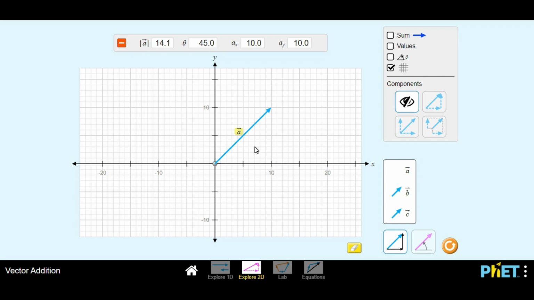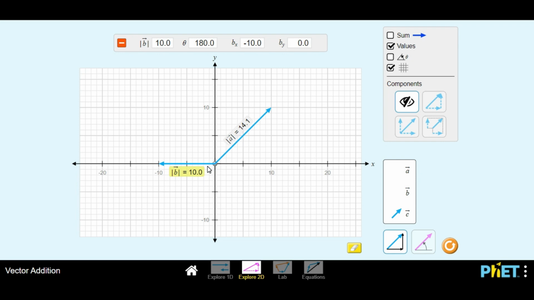You have to draw it using your protractor to make sure that the angle is 45. And then I have another force directed like this. Let me show the values: this one is 14.1 and this one is 10.